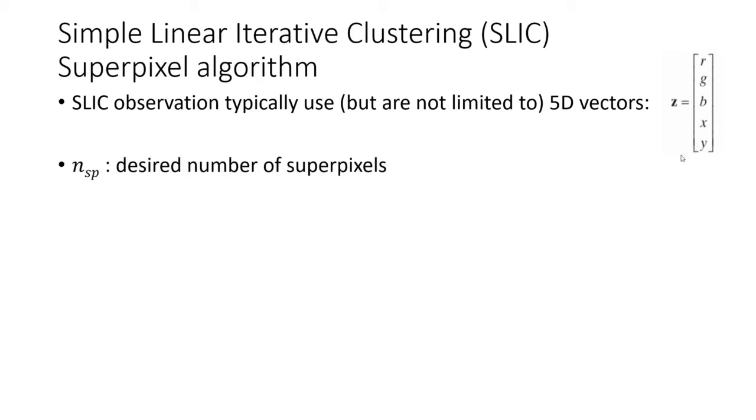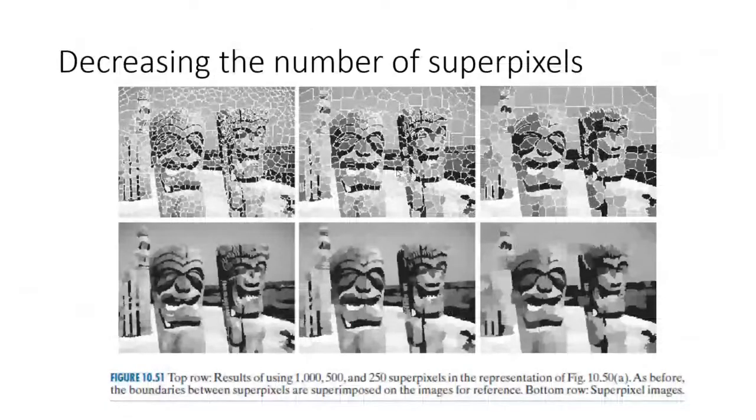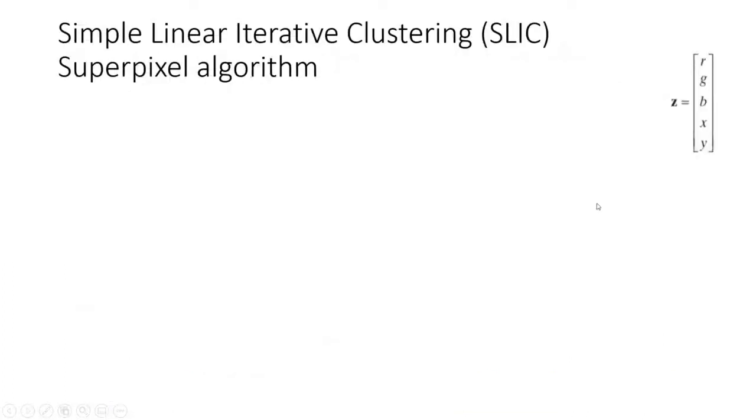And I have to set up the parameters of SLIC. There's always some parameters to set. NSP will be the desired number of superpixels, and N the total number of pixels. The desired number of superpixels is going to be how precise your grid is going to be, which you set up as a parameter.